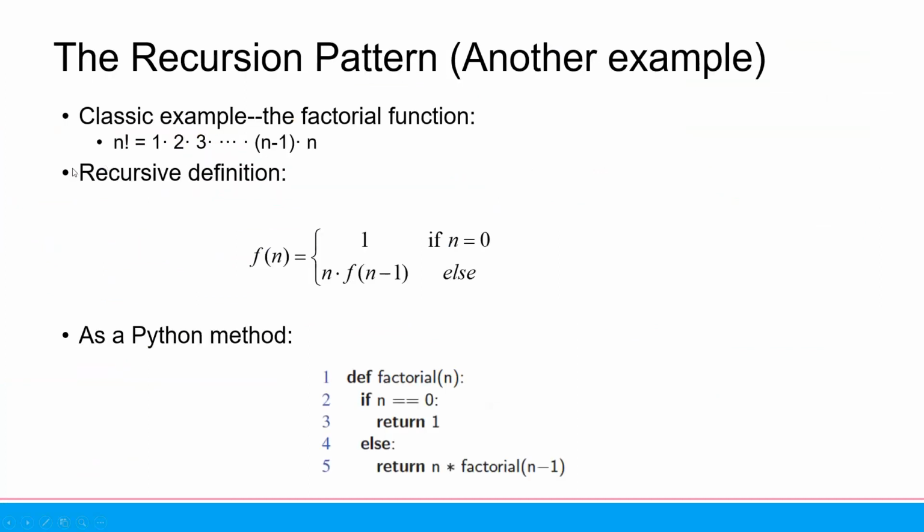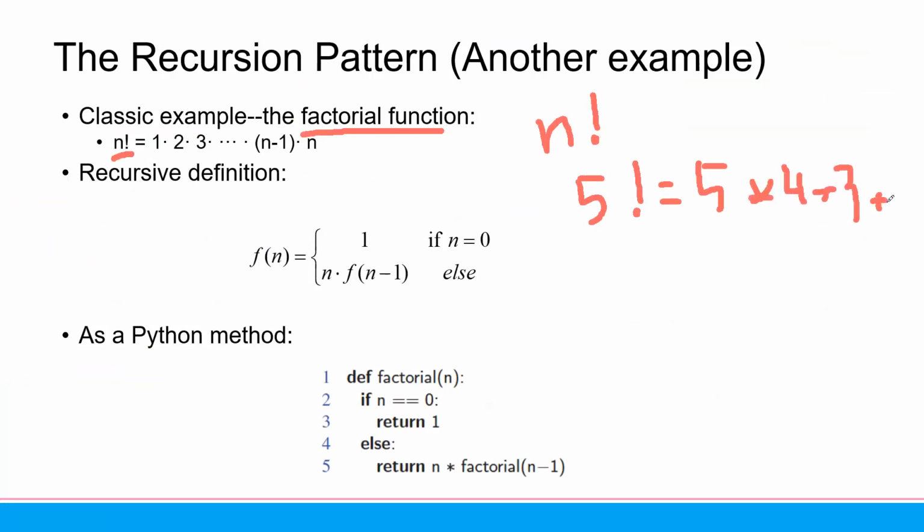So the classical example for this recursion is the factorial function. The factorial function means we have n factorial. So let's say if I have 5 factorial, it means I will do the multiplication 5 multiplied by 4 multiplied by 3 multiplied by 2 multiplied by 1. So it is a sequence. Fn will be 1 if n equals 0.